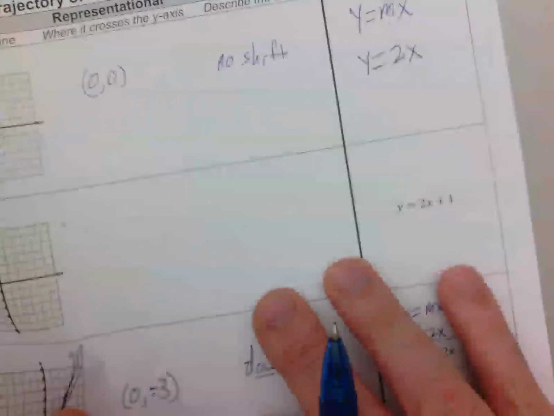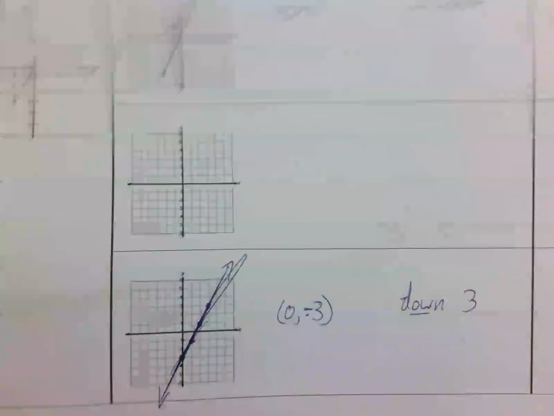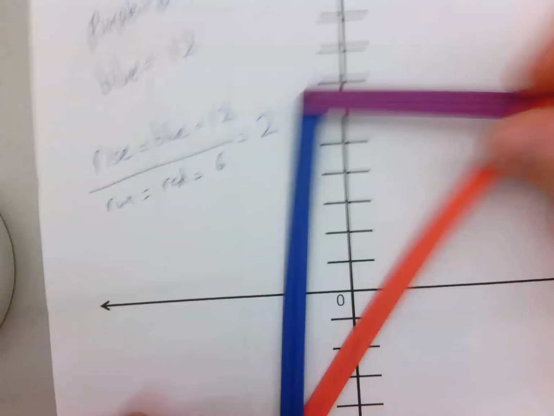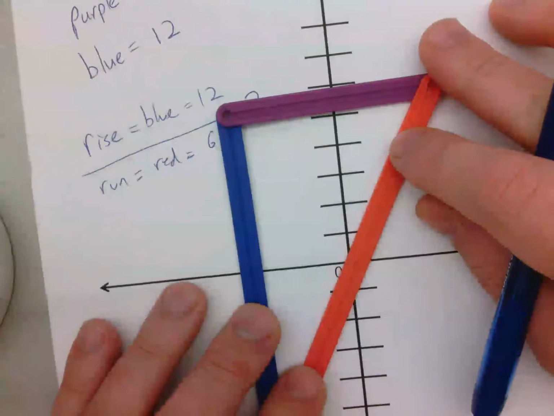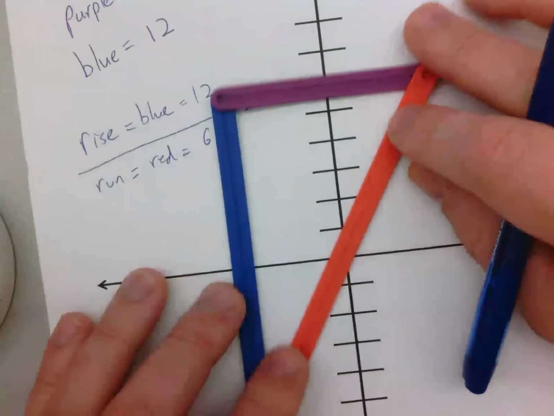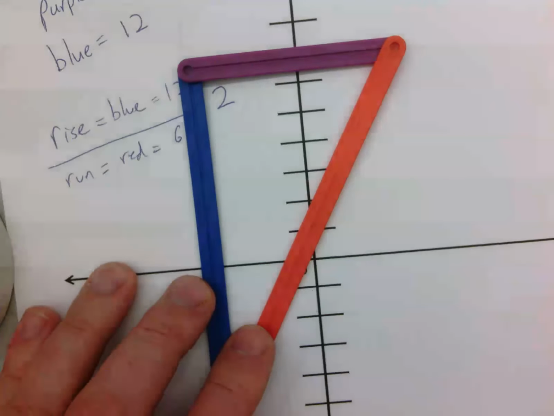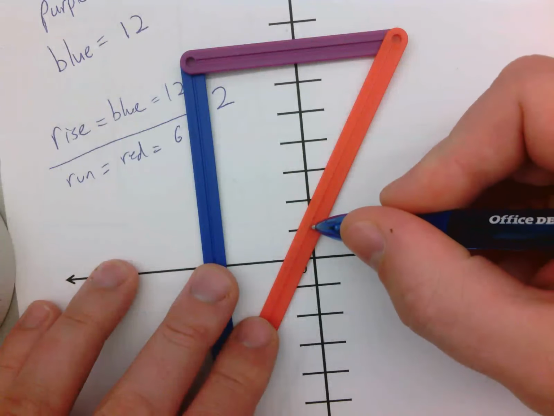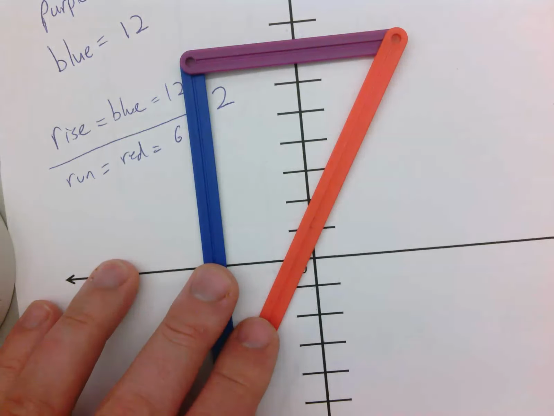So then the question becomes the other equation, y equals 2x plus 1. How would I represent that? Let's take a second, pause the video, and represent that with your angle legs. Hopefully you paused. You lift up 1, since you're doing plus 1. It's 2x plus 1, so it crosses the y-axis at positive 1.